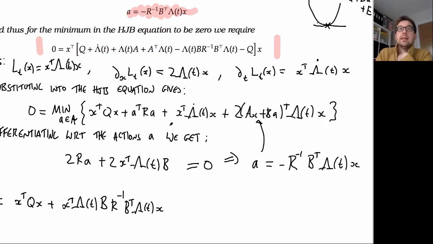That's a bit messy here. Then I'm going to get this condition from over here: x transpose lambda dot of t of x. Now we've got this guy. It's going to get a little bit tricky. Let me just double check that I get this right. Well, in fact, I'm just going to write down the answer. I'm going to leave you to check it when you get home.